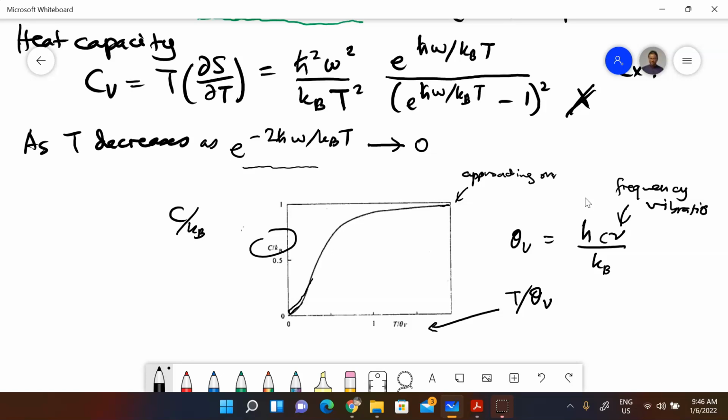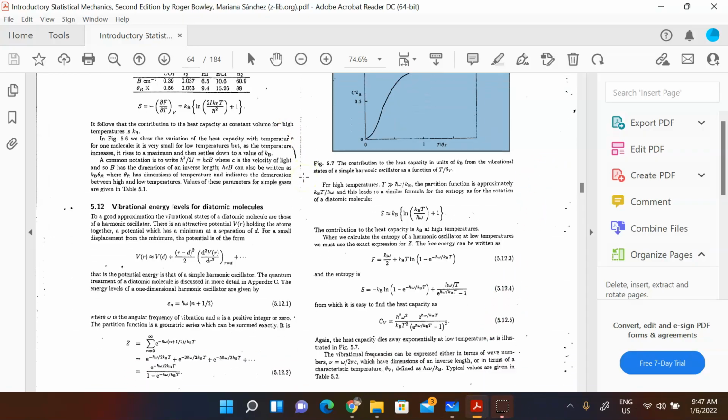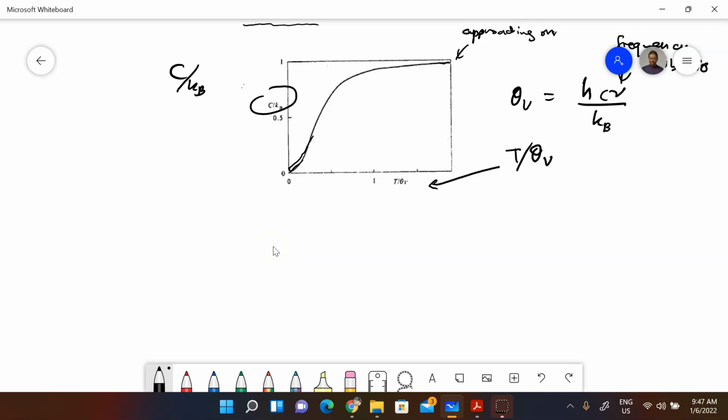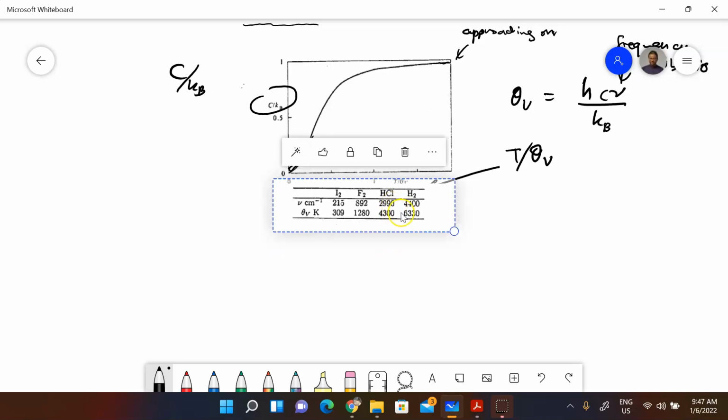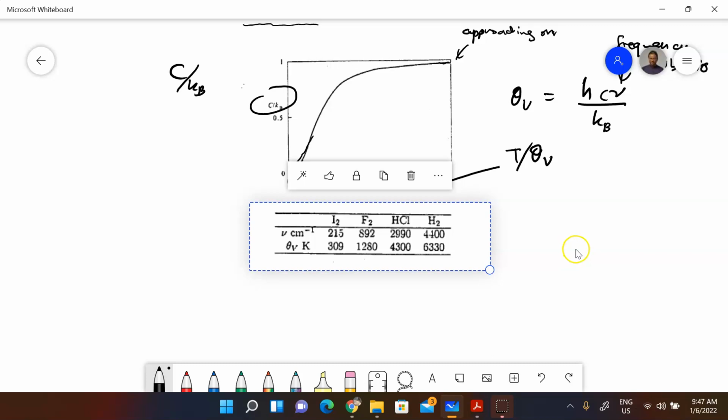So, what else needs to be said? There is a table below that gives you this characteristic temperature for various diatomic molecules.